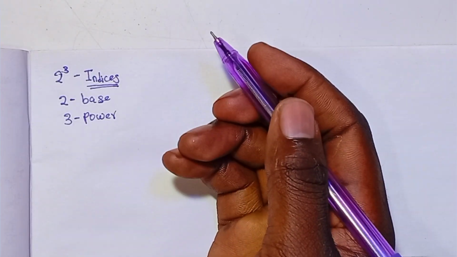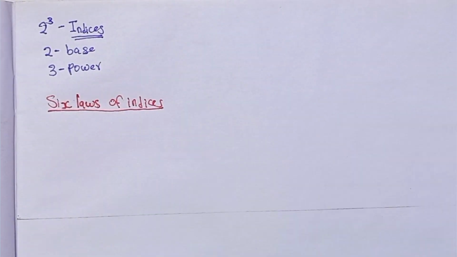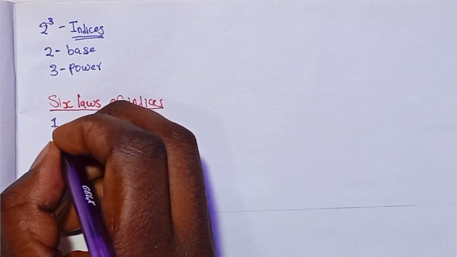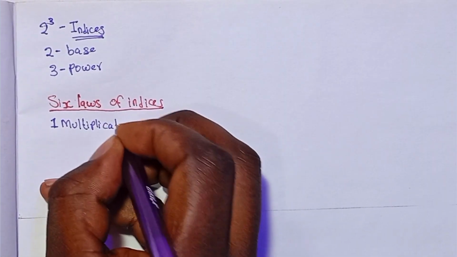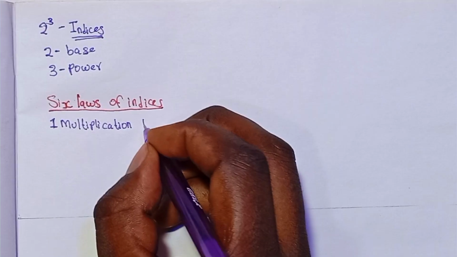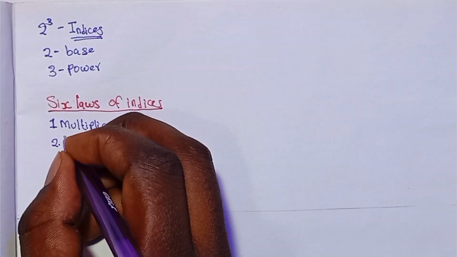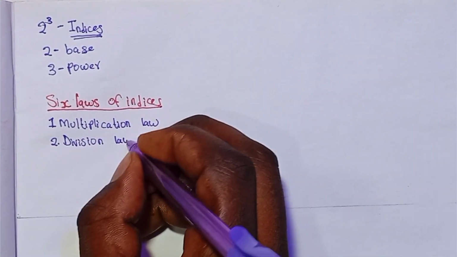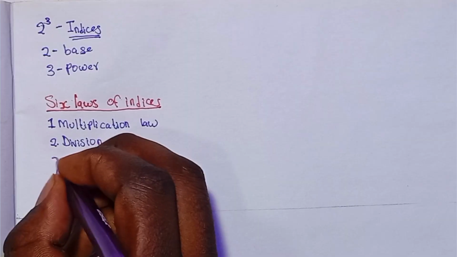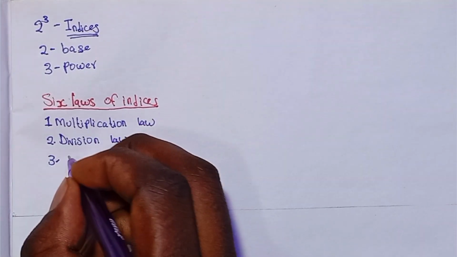So just to let you know that we have 6 laws of indices. The law number 1 is multiplication law. Number 2 we have division law. Number 3 we have power of power.